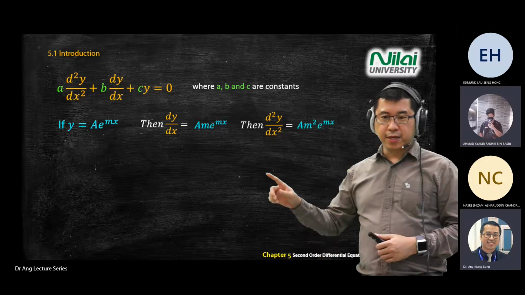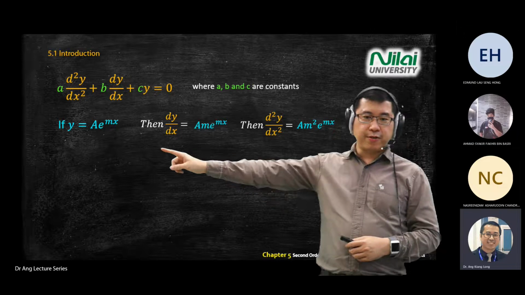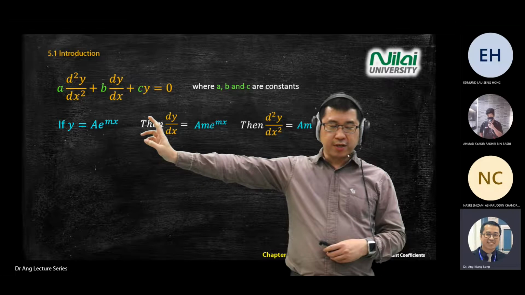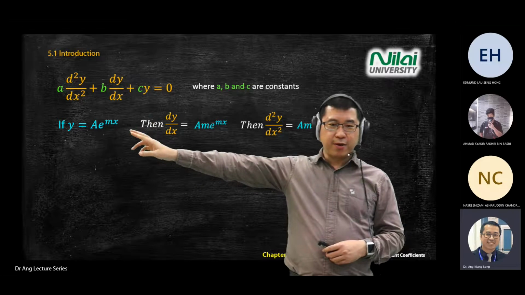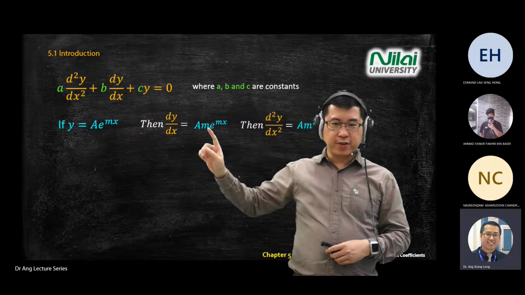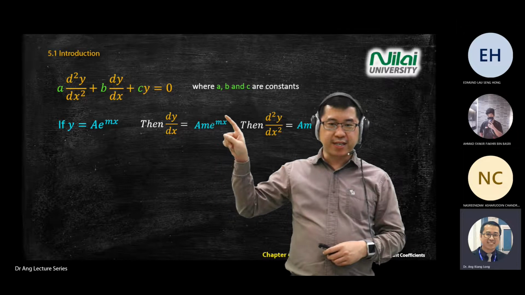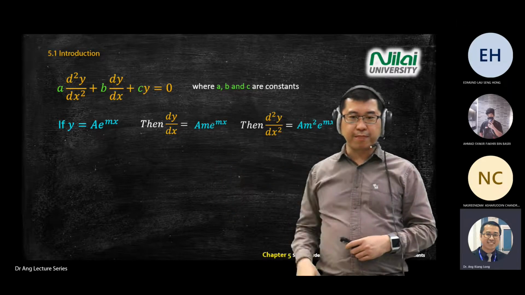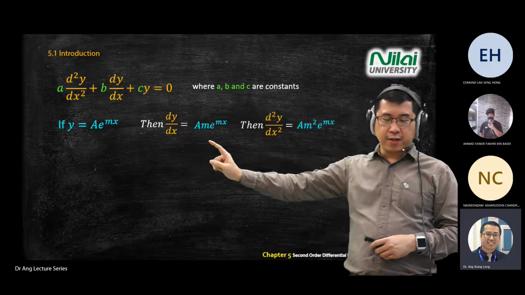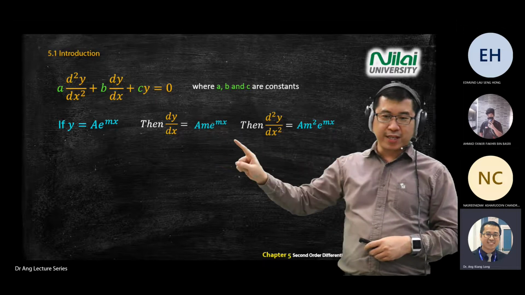The answer is A m squared e^(mx), because no matter how you differentiate e power something, you still get back the e power something. But you have to go inside the x to differentiate one more time. That's why from here, you differentiate one time, you get this one. Differentiate one more time, you get this one.